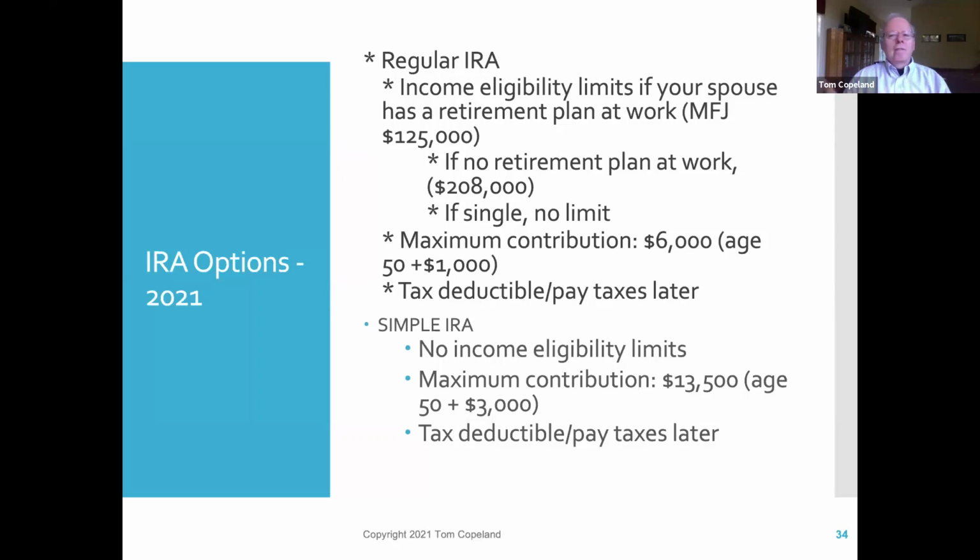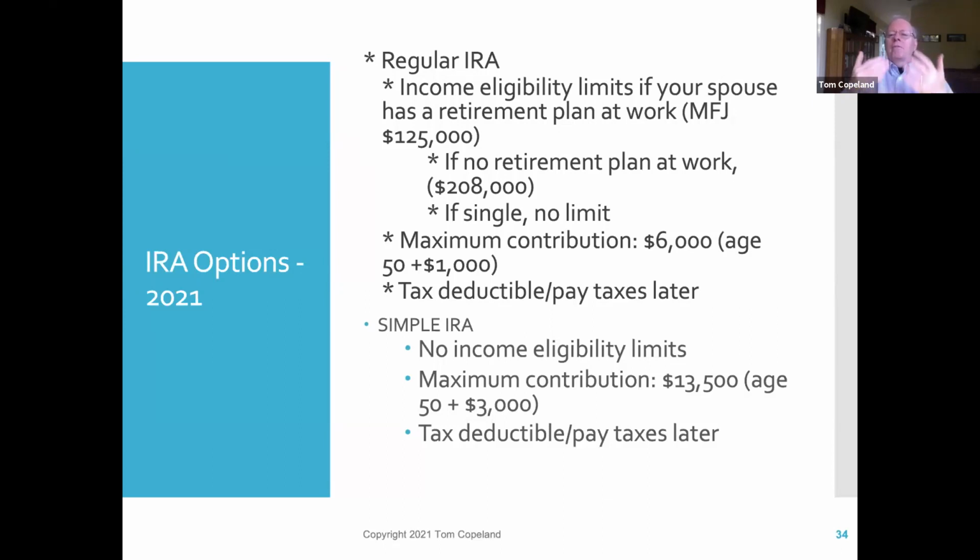If your spouse doesn't have a retirement plan at work, or you're not married, you're eligible. Well, let's see. If you're married, you can do an IRA if your income is less than $208,000 when there's no retirement plan at work. Or if you're single, it doesn't matter how much you earn, you are eligible for this regular IRA.